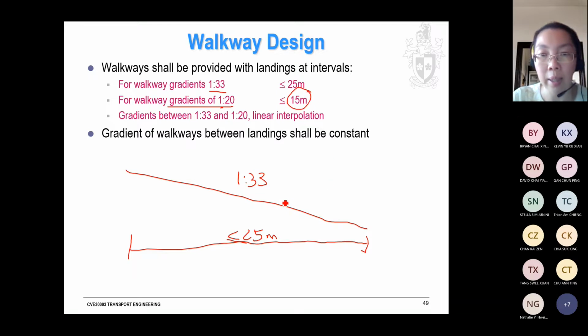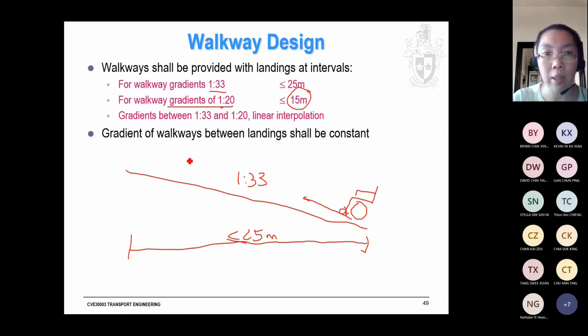So why is this so? If you have a steep gradient, imagine yourself in a wheelchair. If you are here on a wheelchair and you are going to climb this walkway or this ramp on a gradient, your hands get very tired.